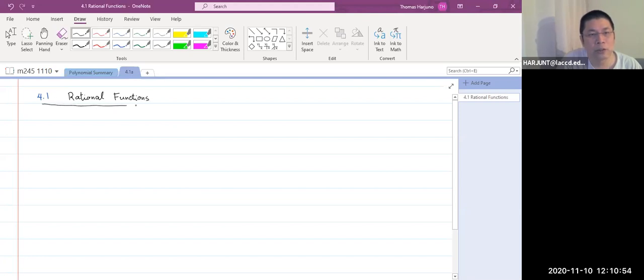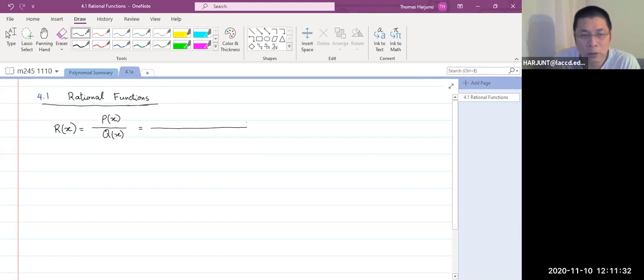Now, a rational function, I denote it by R(x). Of course, you can use F(x) if you like. It is defined to be a polynomial divided by a polynomial. So a rational function is the quotient of two polynomials. Now I will use the following notation so that we can tell whether a coefficient is from the polynomial on the numerator or denominator.